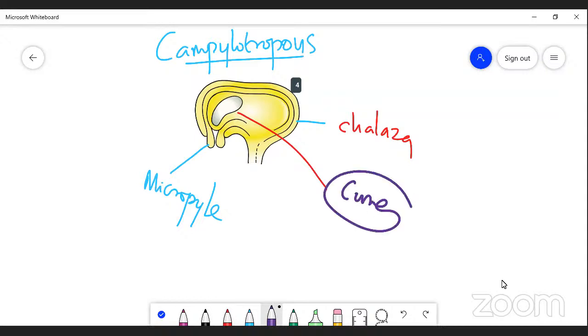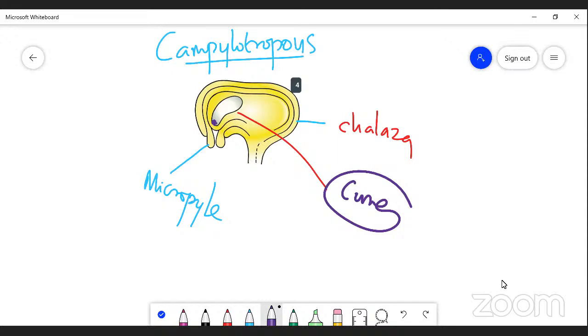Simply, the shape of the embryo sac slightly bends, and the egg part or synergid part of the embryo sac, which is connected to the micropylar region, bends too. Campylotropous is a type of ovule in which the body of the ovule becomes curved.